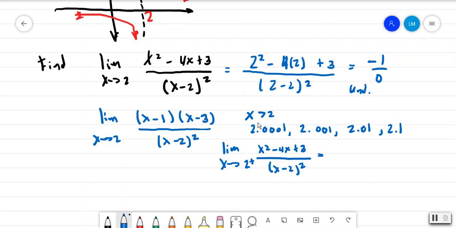So for x minus 2, which is always positive, I'll put that over here, x minus 2 greater than 0. For this one, we have that this is going to be negative infinity.